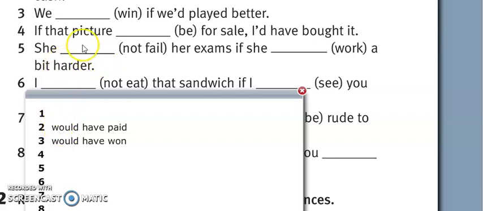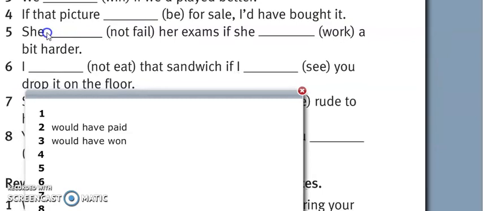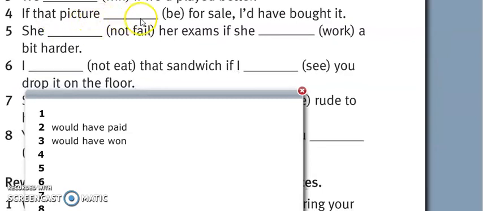Okay, we would have won. The fourth sentence: if that picture had been for sale, I would have bought it. If that picture had been for sale, I would have bought it.